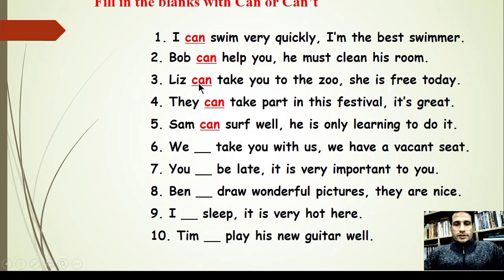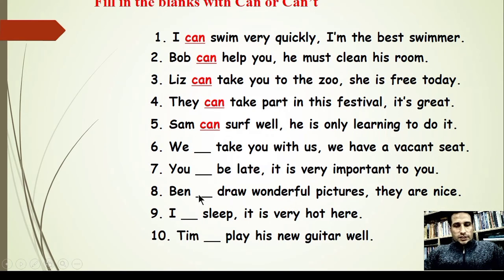It means that Liz is able to take you to the zoo. They can take part in this festival. It's great. Again, they have the ability, or they are able to take part in this festival. Sam can surf well. He is only learning to do it. Okay, so again, I'm talking about Sam's ability, that Sam can surf well.